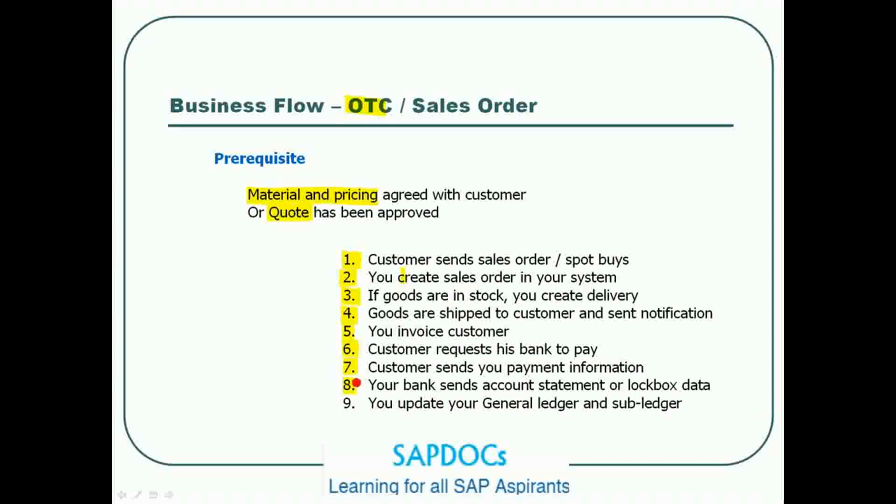Your bank notifies you with the account statement or lockbox data telling that your customer has sent money to your account. Then you go back and you update your GL in your system. So this, starting from 1 to 9, this whole thing completes the sales order related OTC process. And please do note that there is no EDI till now.